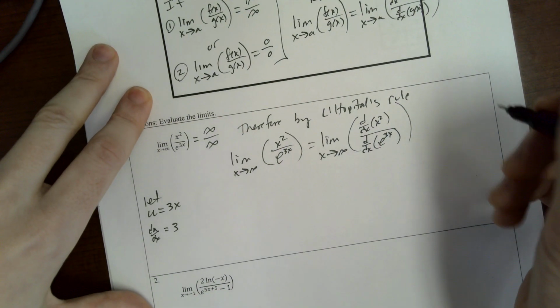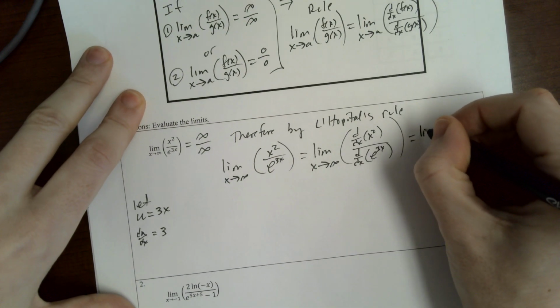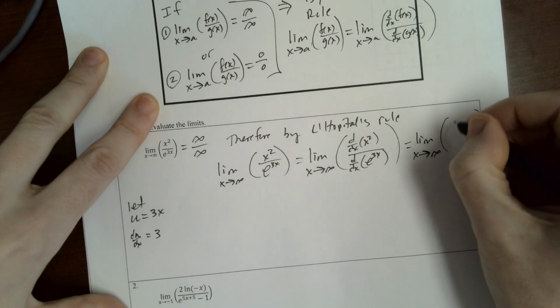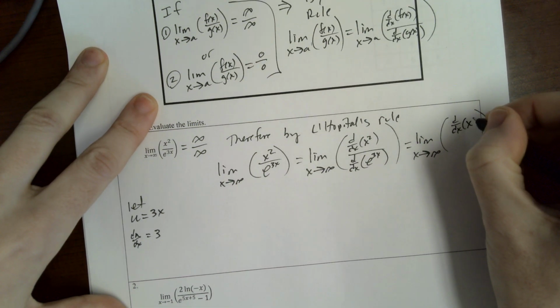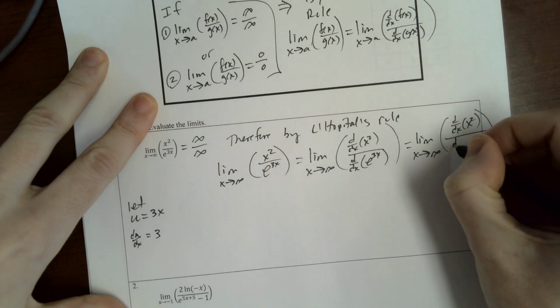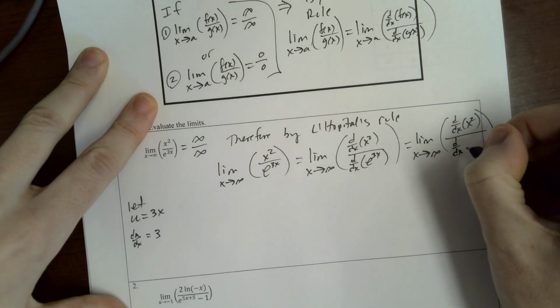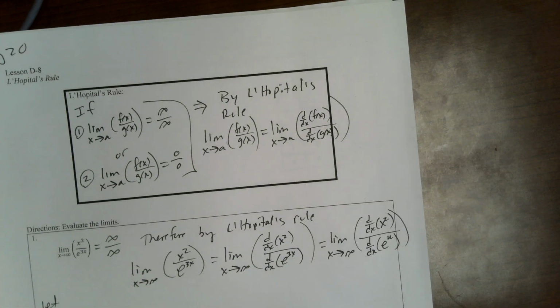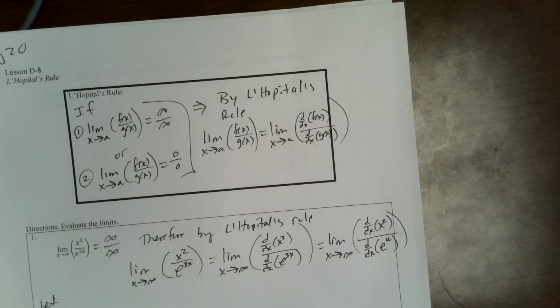So I had to do the u substitution. So this is equal to the limit as x approaches infinity of d/dx x squared over d/dx e to the u. The top is a one step and the bottom is a one step with chain rule.